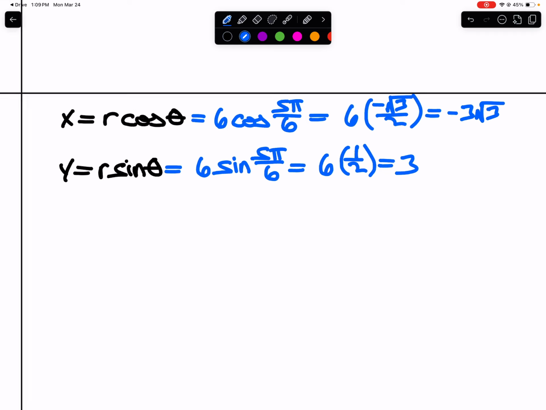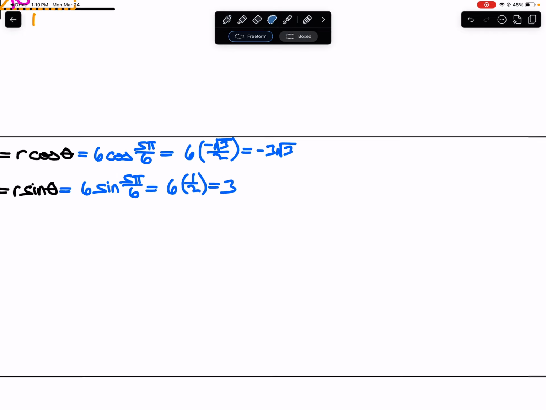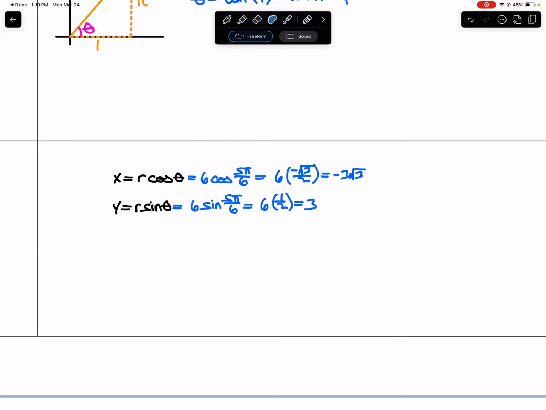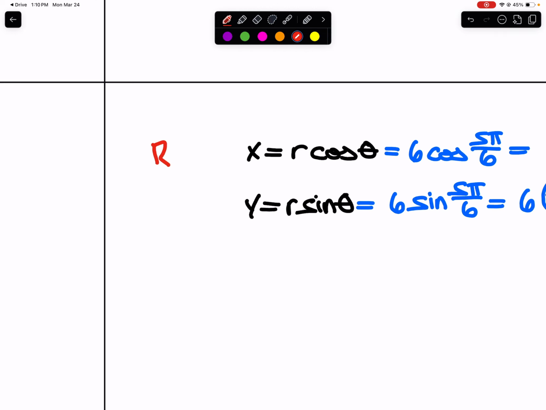So if I write this in terms of rectangular complex values, I know that my real component, let's move this down a smidge so I can add in some notes, is going to be my x value. So this is going to be my a value. And then my complex value is going to correspond with my y value.